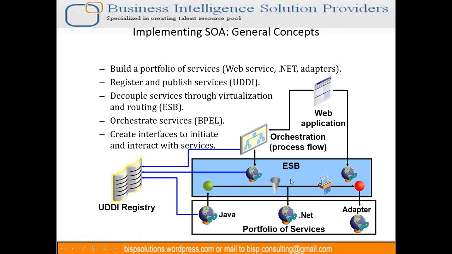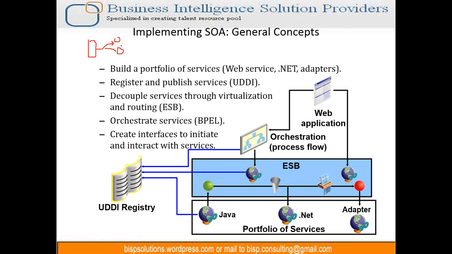Enterprise service bus does two important things: one is virtualize, another is route. What does it mean? Suppose Siebel is the CRM system which is going to send data to two different targets, one is JD Edwards and one is Oracle Apps. This sending of data from one source to multiple targets is called routing.